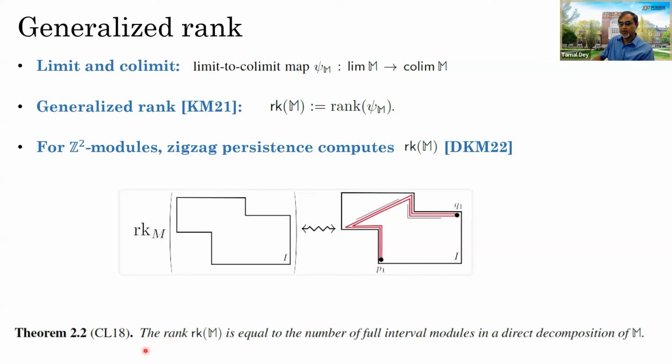It is known by a result of Chambers and Letscher that the rank of a module M is equal to the number of full interval modules in a decomposition of M. I already talked about the decomposition of the module M, and if you count the number of indecomposables which are intervals and whose support is the full poset P, that gives you the generalized rank.